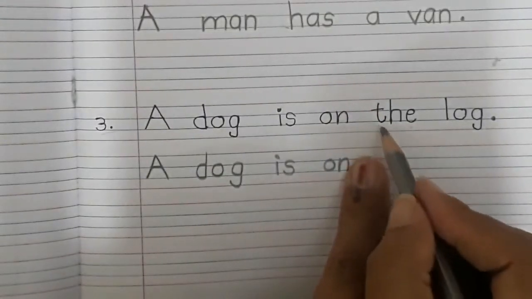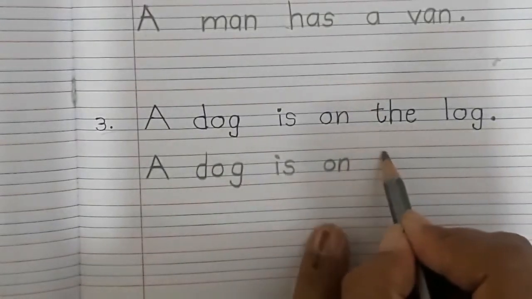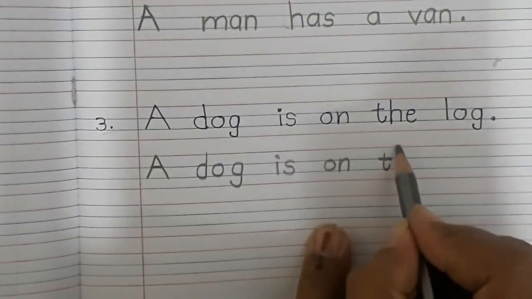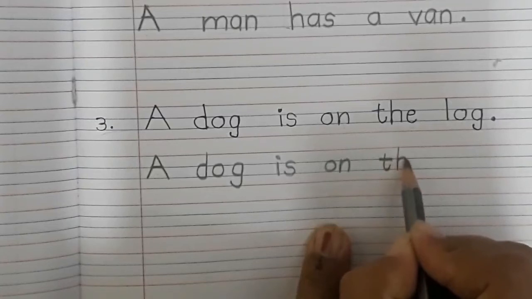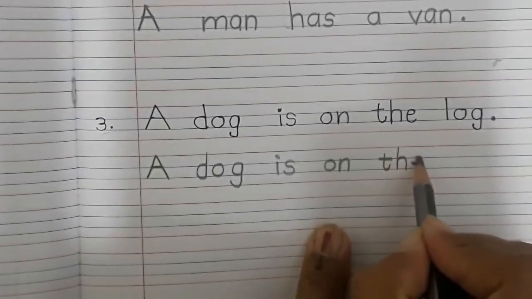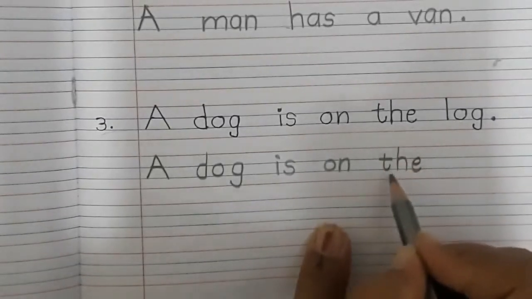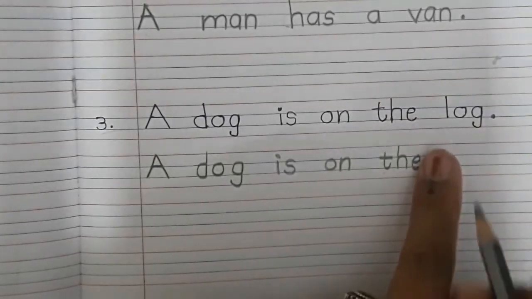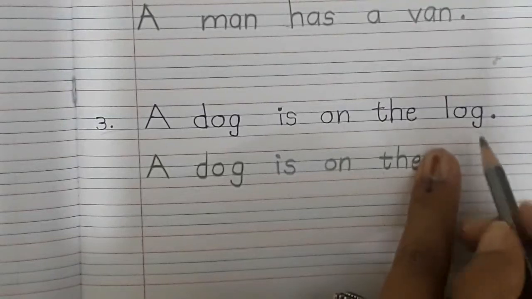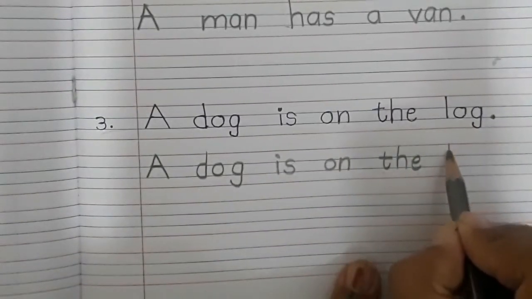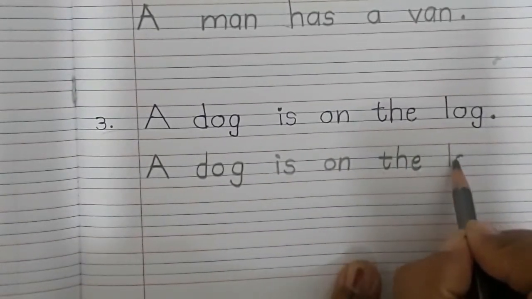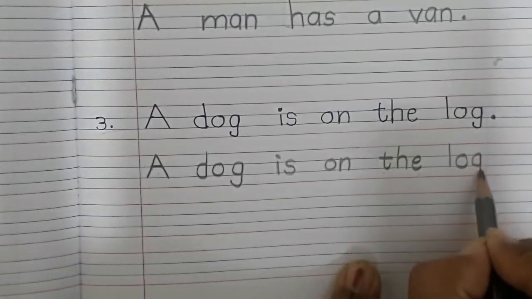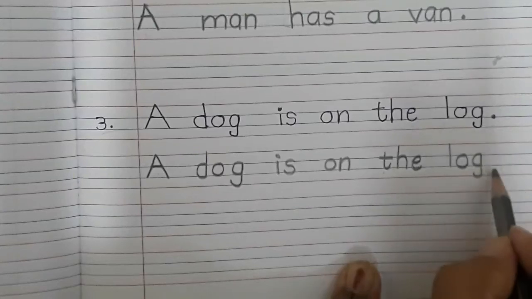Again one finger space, then T, H, E. THE क्या होता है बच्चों? Yes, THE, the. Then again one finger space and we will write L, O, G, log.